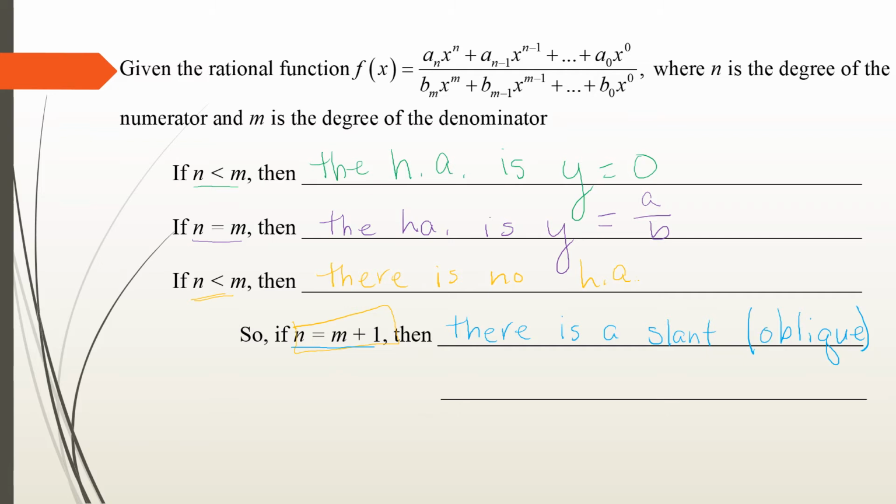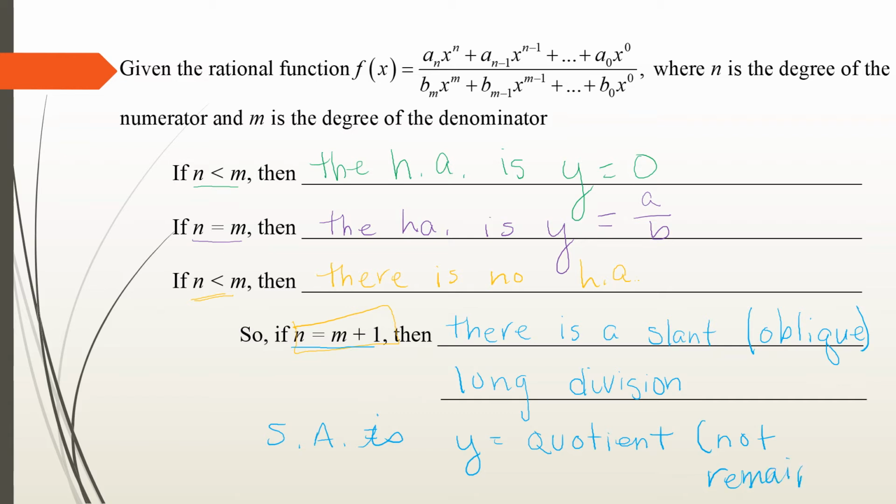I just used the word slant. Then we're going to use long division, and the slant asymptote is going to be y equals the quotient, not including the remainder of that long division.